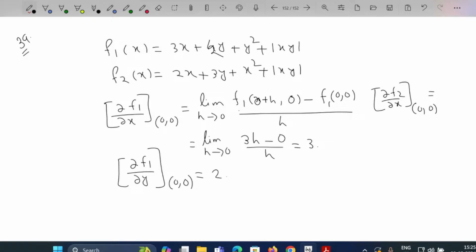Okay. And del f2 by del y at the point (0, 0) is 3. So these are the values we are getting.